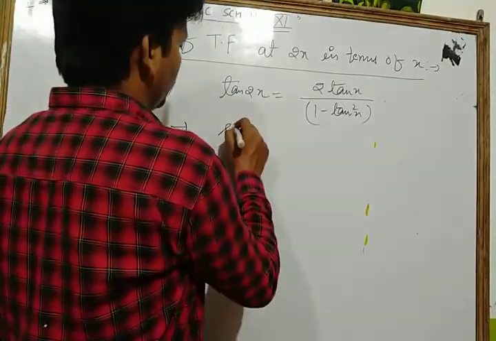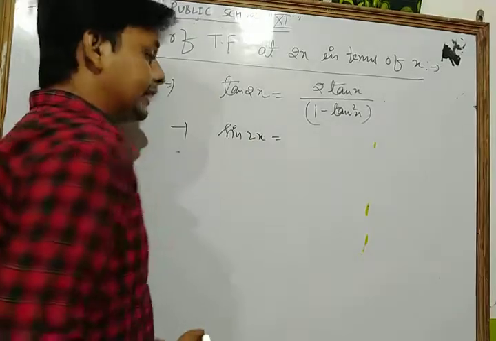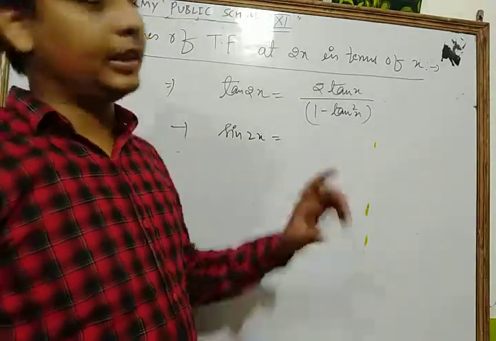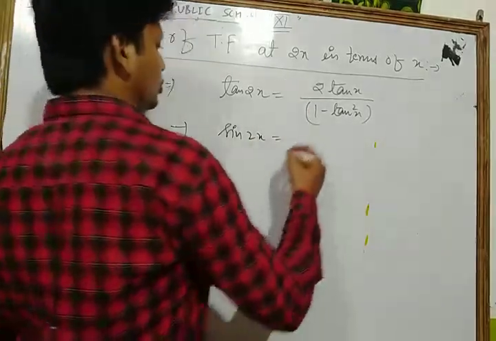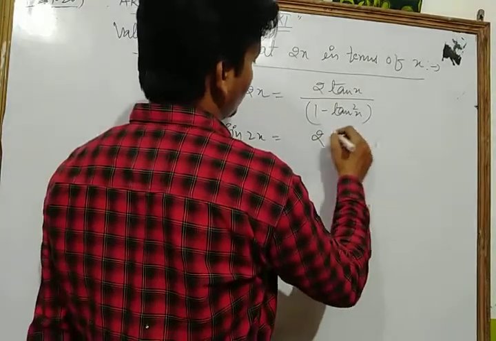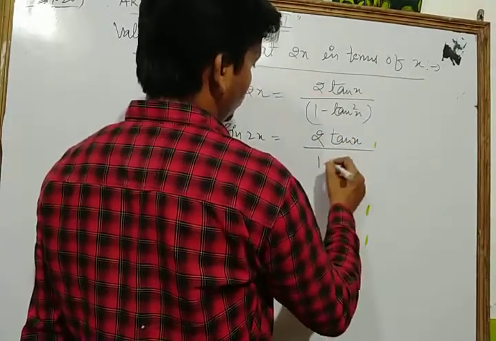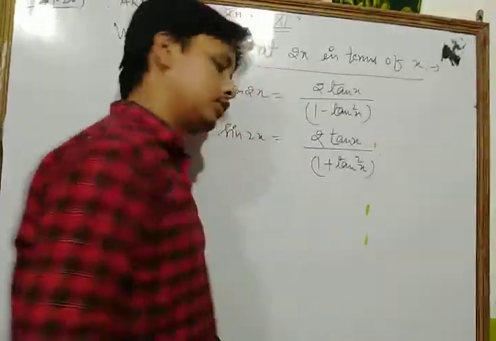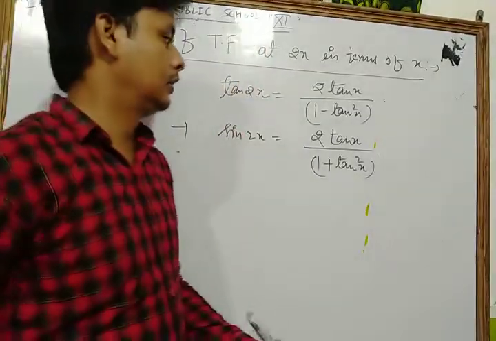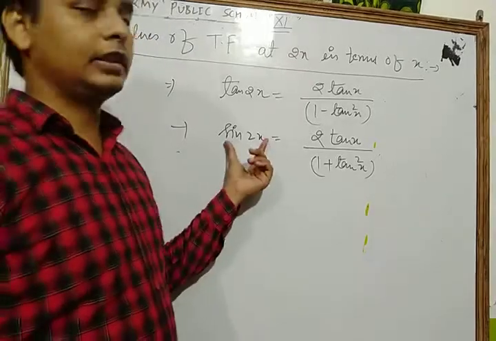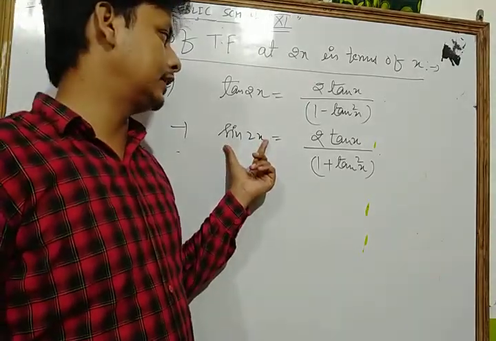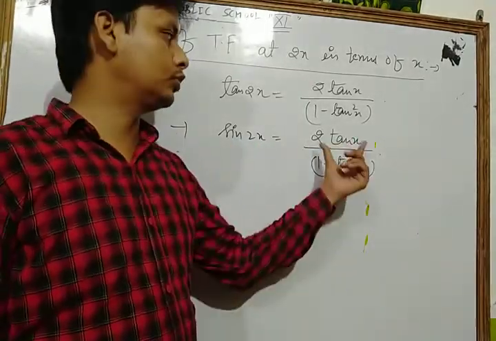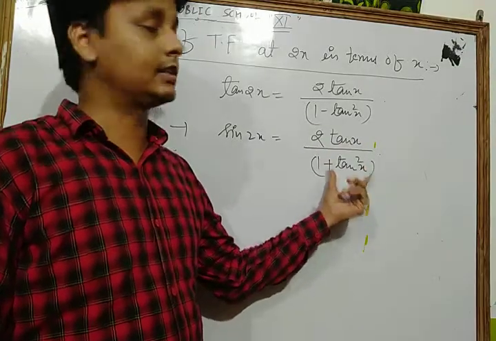Okay, and another formula of sin 2x in terms of tan x, which is equal to 2 tan x upon 1 plus tan square x.